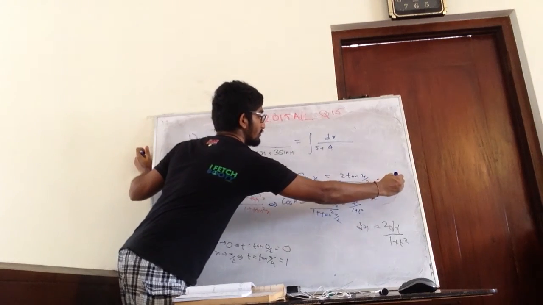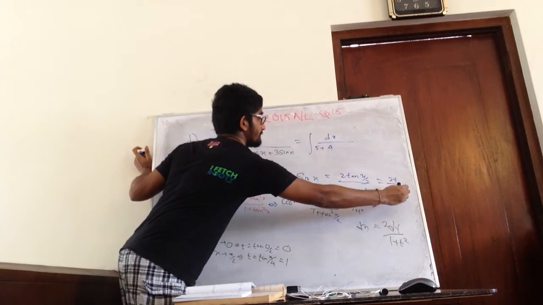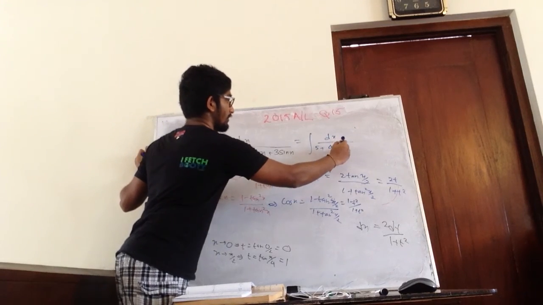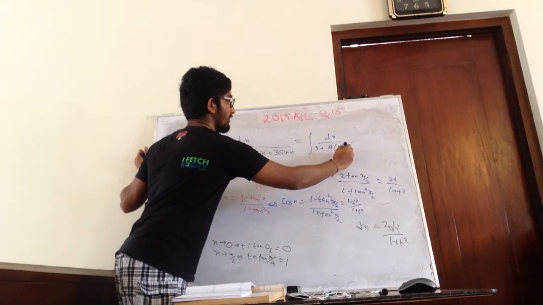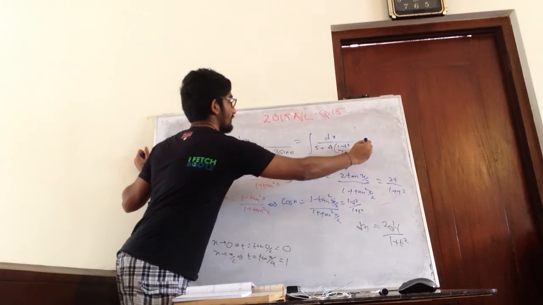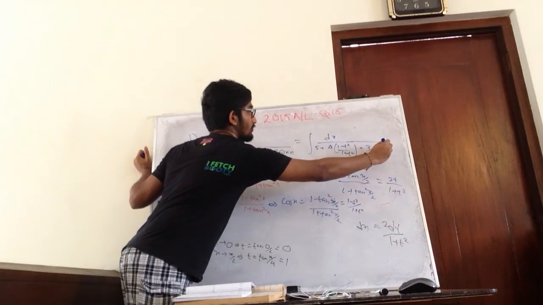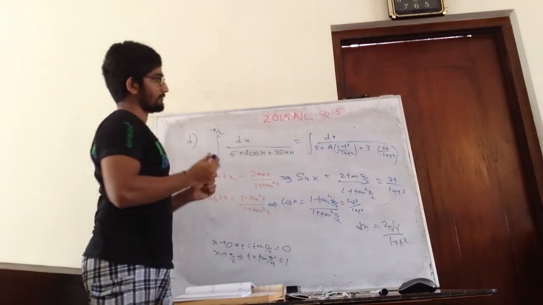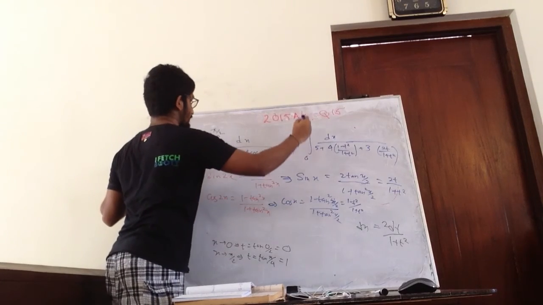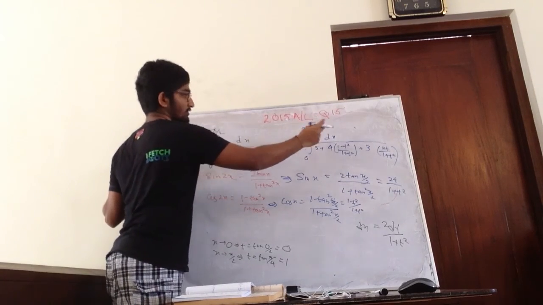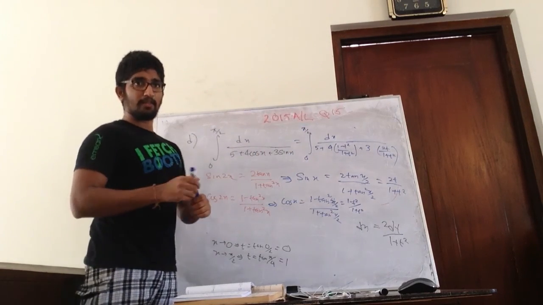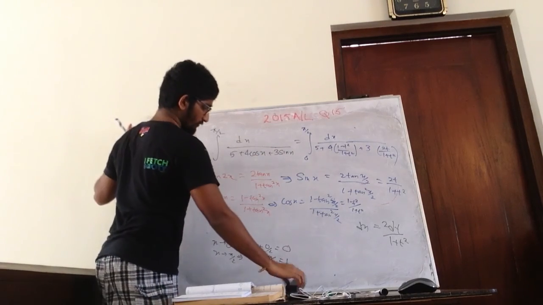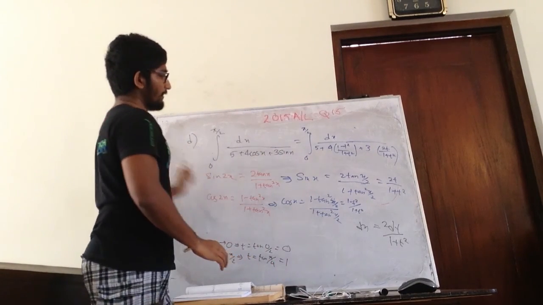This is 2t over 1 plus t squared. 4 times cos x is going to be 1 minus t squared over 1 plus t squared. 3 times 2t over 1 plus t squared. So the limit is from 0 to 1 because this is in terms of x, right? So we get here, right? So write it down.